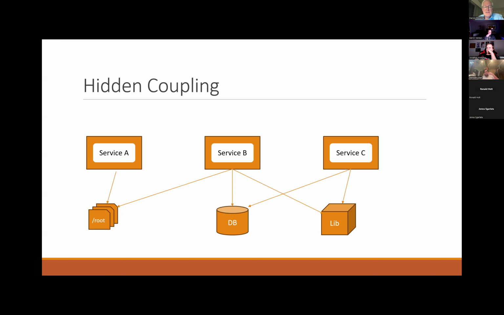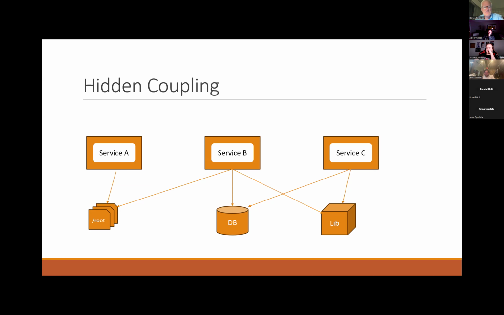Because in this case here, service A and B are both reaching down into the same file system. They're doing things in there that causes a coupling between the two. And it causes a coupling without a defined interface. I'm just going to drop files in this file directory and I'm going to pull files from there. Unless it's defined somewhere, I need to define it somewhere.